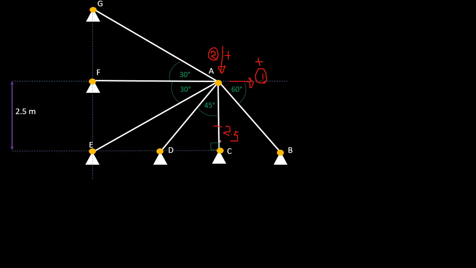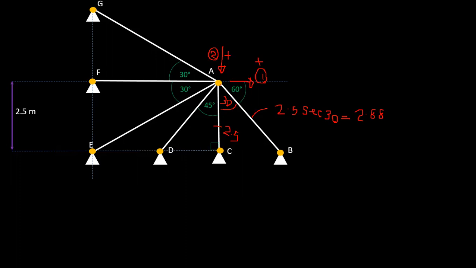So if this is 2.5, and the angle is 30, if this is L, this is L cos 30, so L is 2.5 sec 30, which brings you to 2.88 or something. Let's call it 2.9. That's okay.